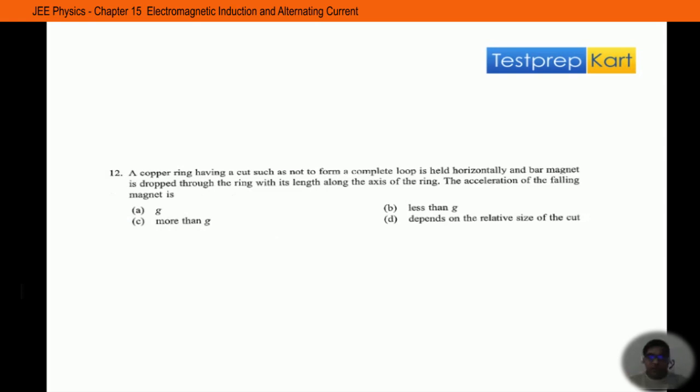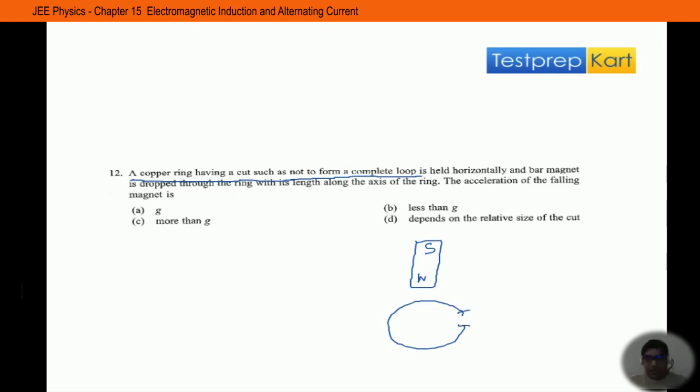Okay, now next question is quite similar to previous one, but there is a very small modification, that a copper ring having a cut such as not to form a complete loop, and rest of the conditions are same. So if there is a coil with a cut and we are dropping a magnet from certain height, again there is change in magnetic flux passing through it, but this cross section is not complete.